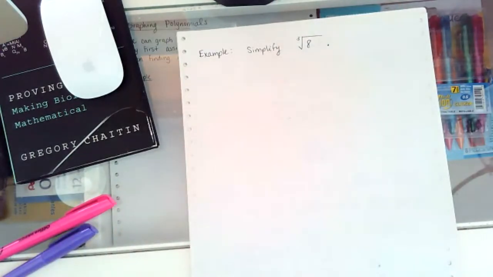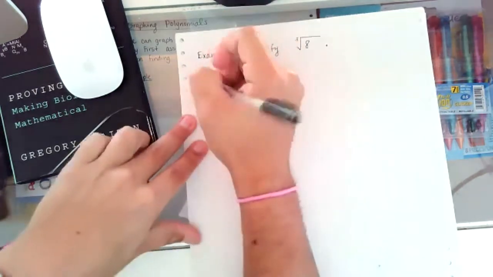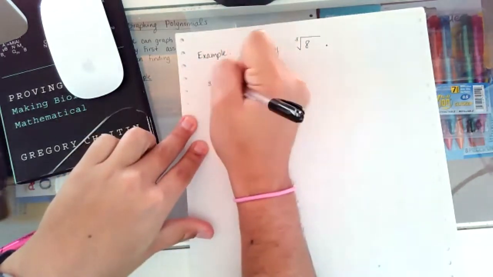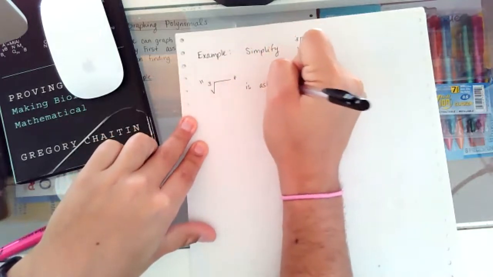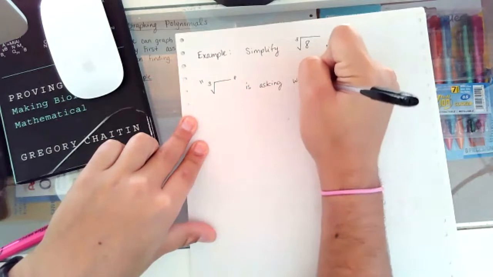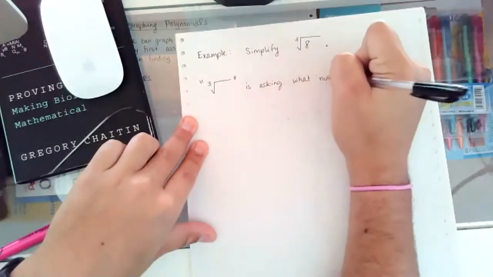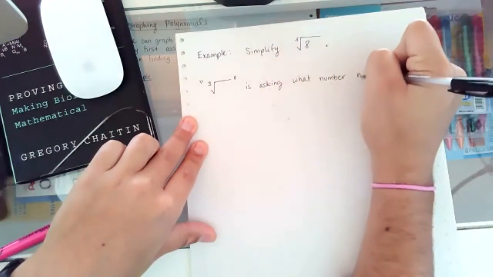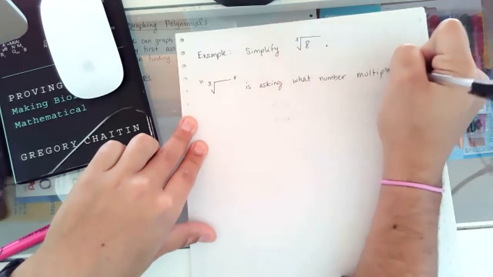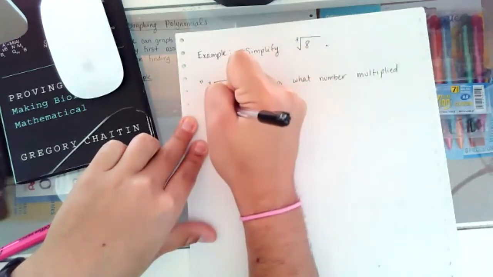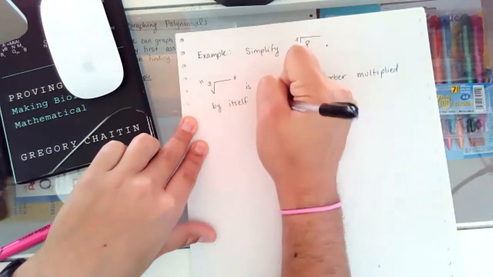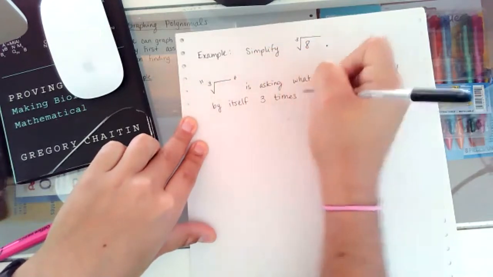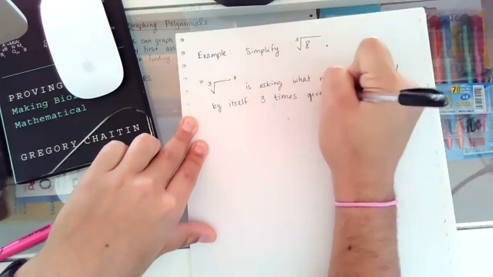And we can sort of expand our definition of the square root and say that this cube root symbol is asking us what number multiplied by itself 3 times gives us 8.